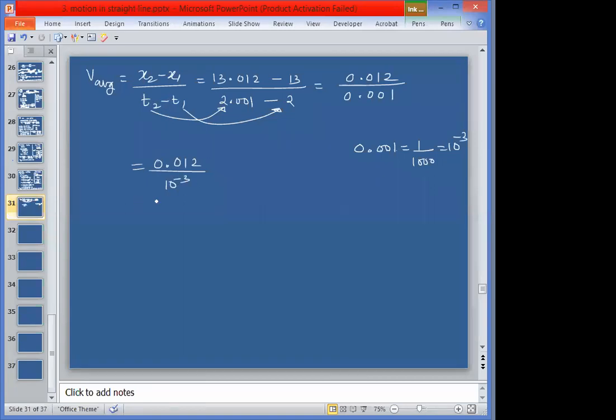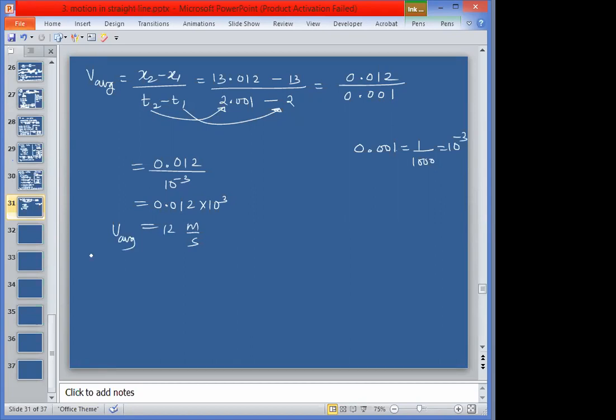Minus 3 will go in the numerator, will become 10 raised to plus 3. 10 raised to plus 3, the dot right ला shift होणार. 1, 2, 3 plus 3 है ना, so dot right ला shift झाला. 1, 2, 3. So answer is 12 meter per second.